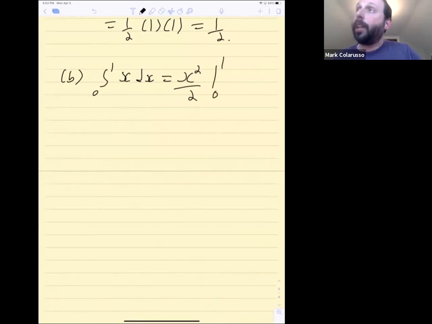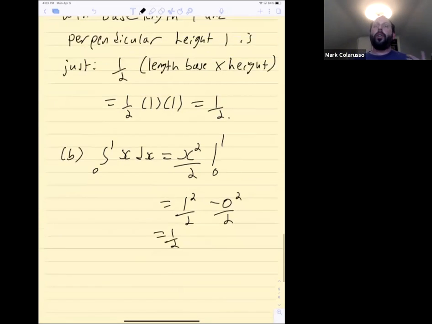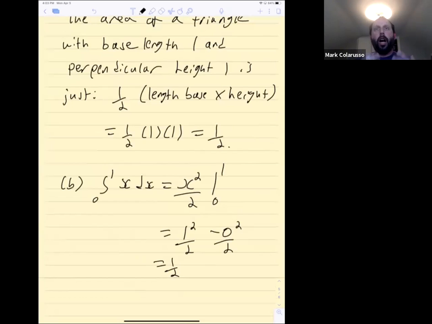Then we evaluate at 1 and subtract the evaluation at 0. We get 1 squared over 2 minus 0 squared over 2, which is also 1/2. So here you see another instance where the theorem is true. The calculus is giving you the answer you expect from classical geometry. So these answers are indeed the same.